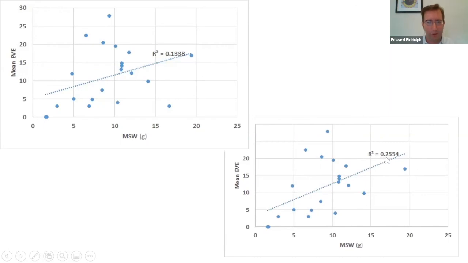It increased to 25%. So the coefficient of determination increased to about 25%, and we get a slightly better correlation between mean eves and mean sherd weight.